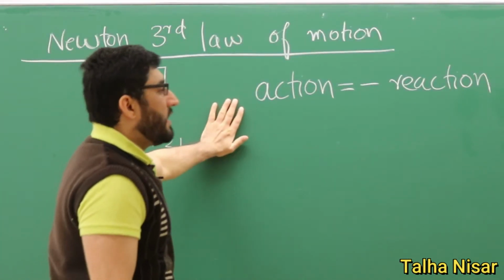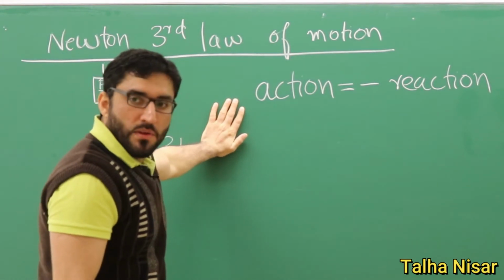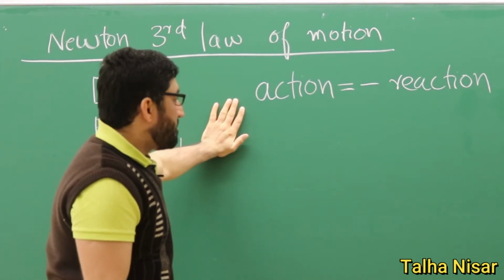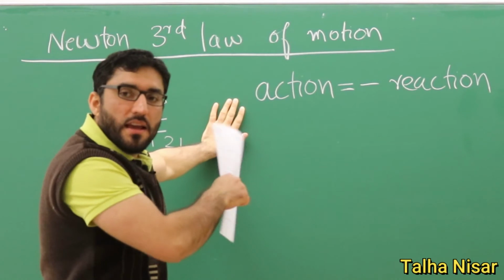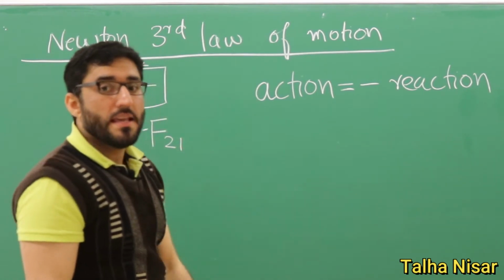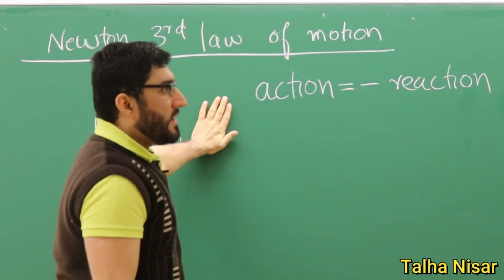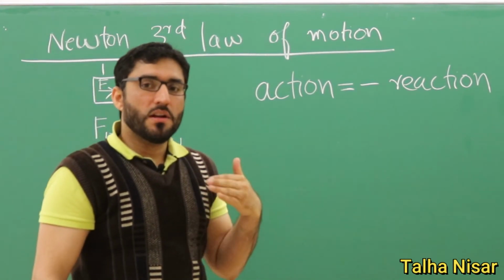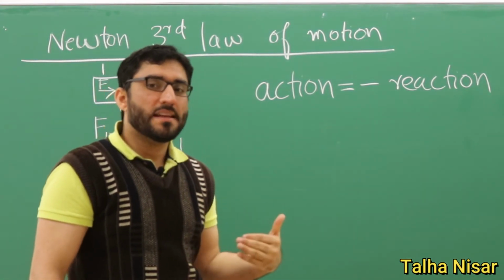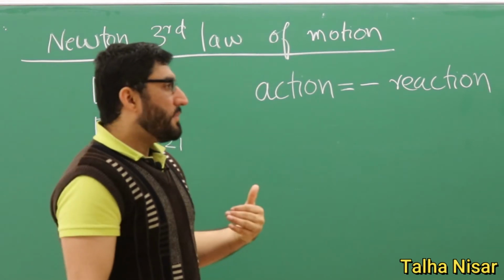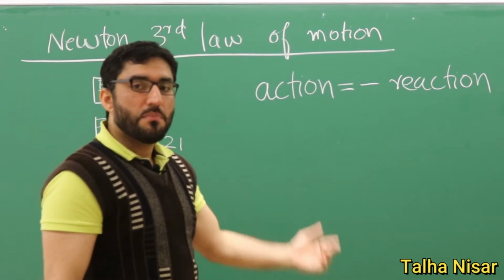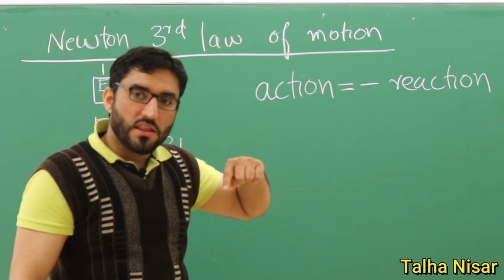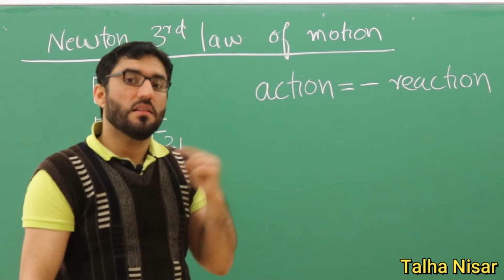For example, if I apply a force with my hand on this board, the board will exert the same force on me. If I apply a force on this board and it is not moving, according to the second law of motion there should be an acceleration if there is a force. But since there is no acceleration, it means that the board is exerting the same force to cancel my force.